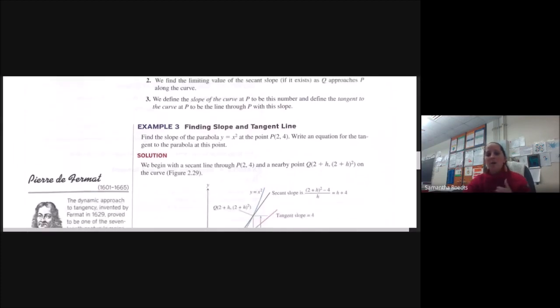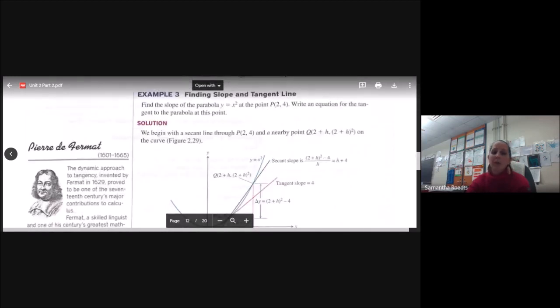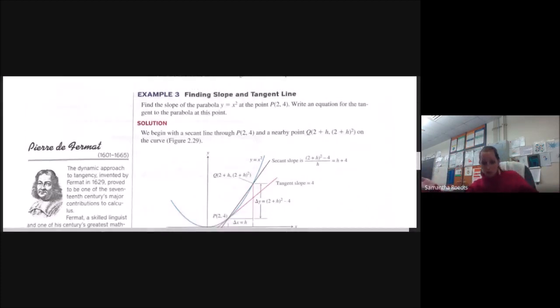Example 3 is finding the slope and tangent line. I want to find the slope of the parabola y equals x squared at the point P(2, 4). We know the formula and we're given a point, and I want to write an equation for the tangent to the parabola at this point. First, I begin with the secant line through the point (2, 4) and any nearby point you would like.